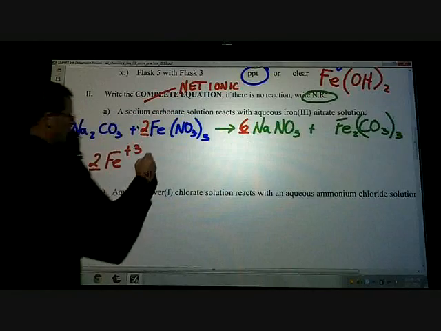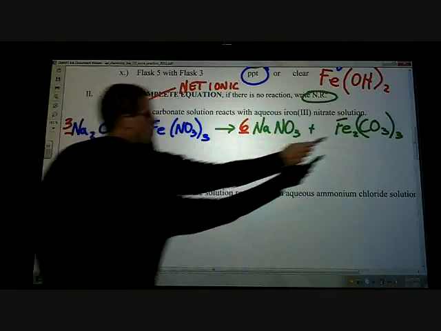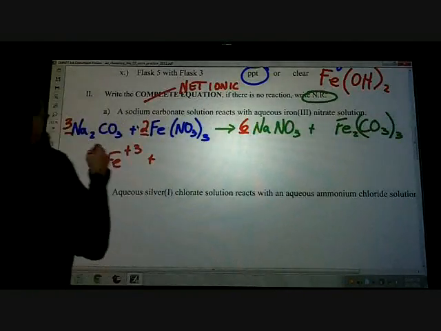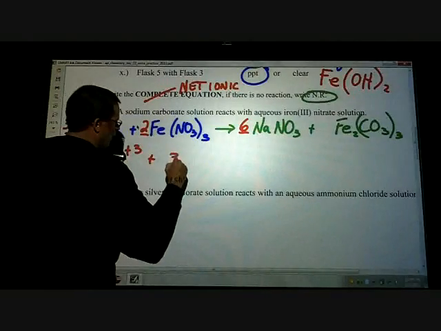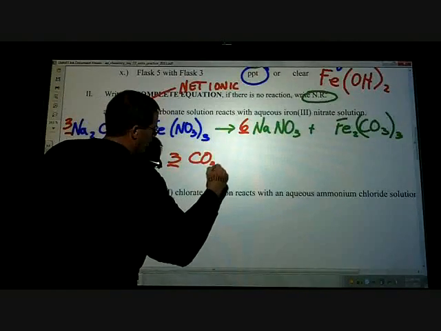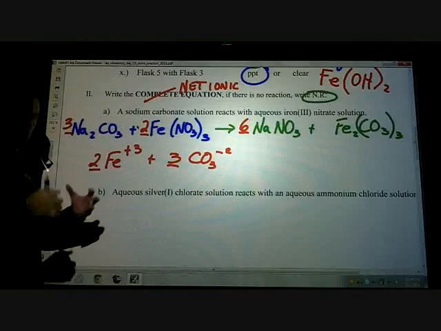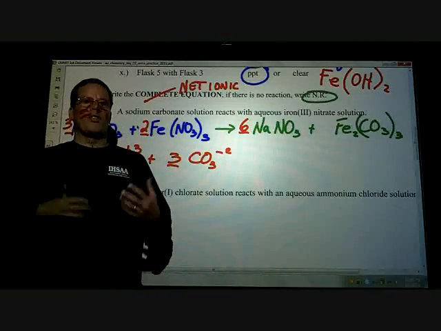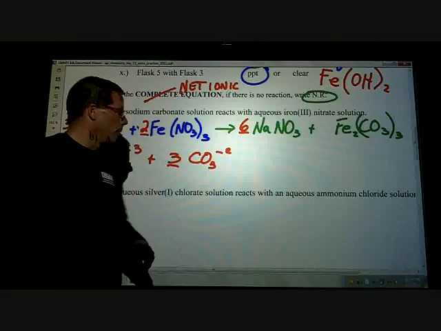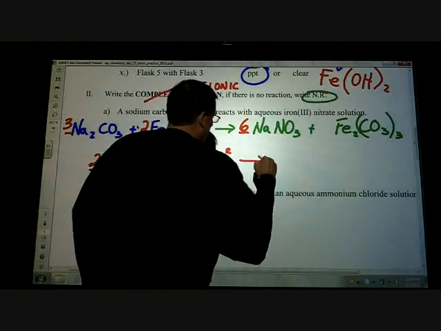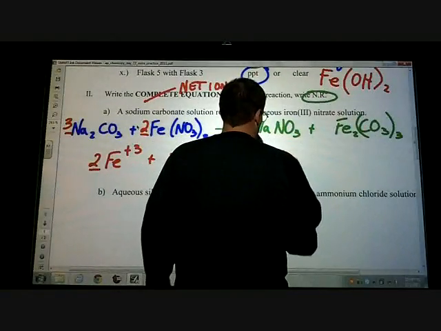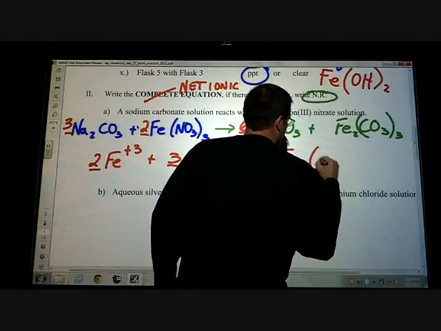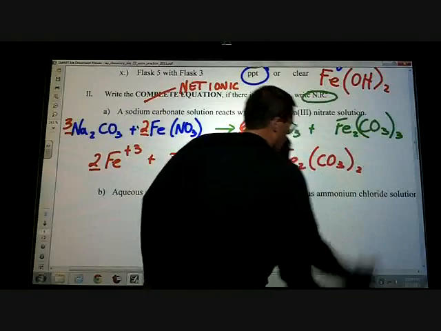So we have 2 iron with +3 charges, and we have 3 carbonates, boom, boom. So we have 3 CO3s with a -2 charge. We show it on the reactant side as ions. That's pretty typical. And then we're going to put them together as you have it here.